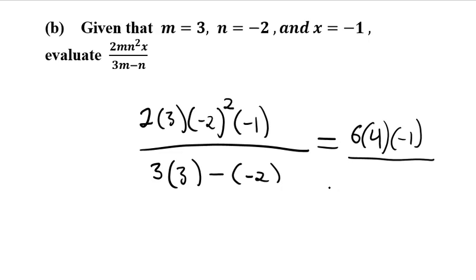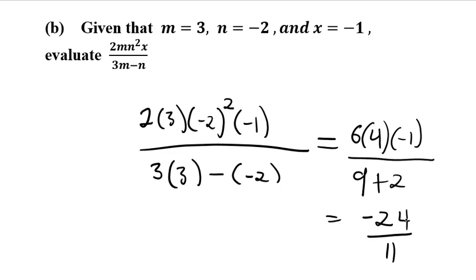All over, we have 9 minus -2, so it will be 9 plus 2. For the numerator, this is going to give us -24, all because 6 times 4 will give us +24, times -1 will give us -24, all over 11.